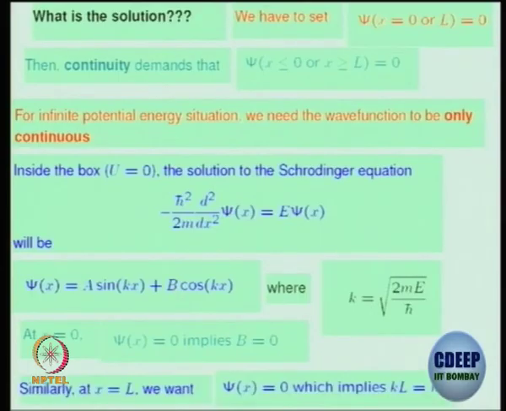This is the way you went through the derivation. Similarly, at x equal to L, you can show that it will again be 0 if k is quantized in this fashion, kL equal to n pi.